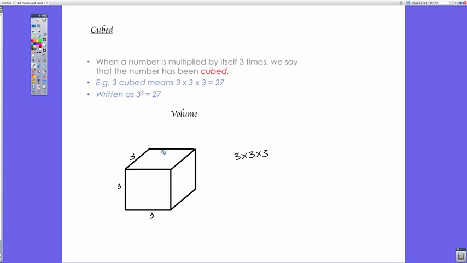We've got a cube here, and they all have the same length. So that's 3 cubed, which is equal to 27. If I had, for example, the lengths to be 4, to find the volume we'd have 4 cubed, which is 4 times 4, which is 16, and then 16 times 4, which is 64. So 4 cubed is 64.